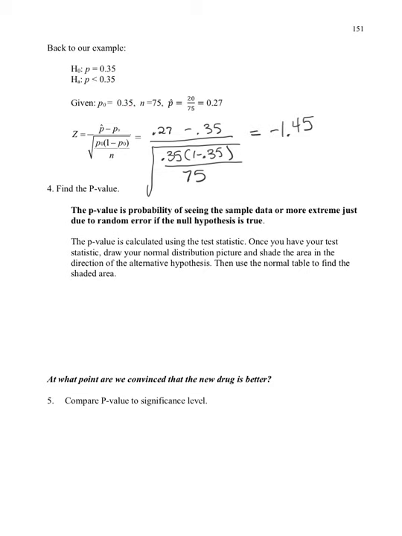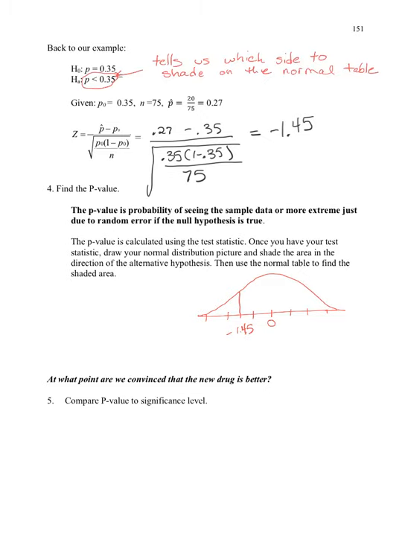That probability is called the p-value, and the definition is: the p-value is the probability of seeing the sample data or more extreme just due to random error if the null hypothesis is true. So we're going to draw our normal table, and we're here at minus 1.45.